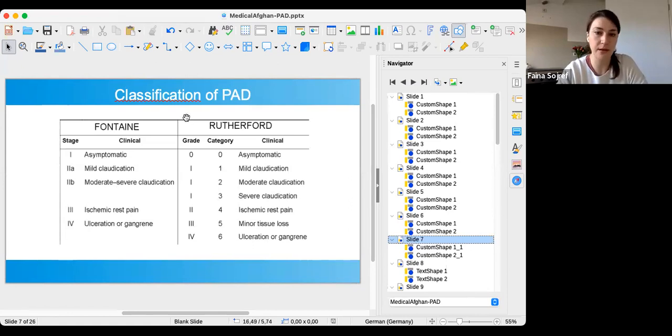But if you end up talking to somebody who's, for example, American, they might be used to the Rutherford classification, which works just as well, but it is very important to make sure you know which one you're using, right? Because stage 2 Fontaine, mild claudication, is something entirely else than Rutherford grade 2, which is ischemic rest pain. So please make sure both sides are aware which scale you are using to classify the arterial disease.